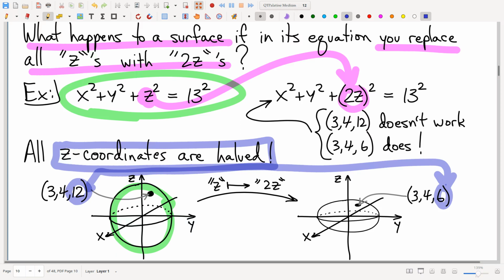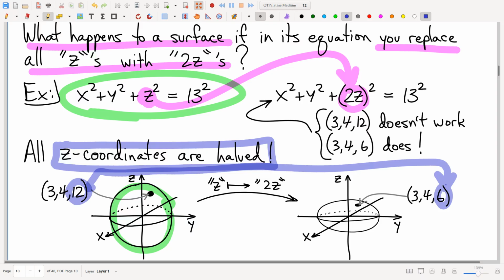I can, by this process, turn into a point that satisfies my new equation. So, said differently, this algebraic move causes this geometric consequence. Everybody on board?